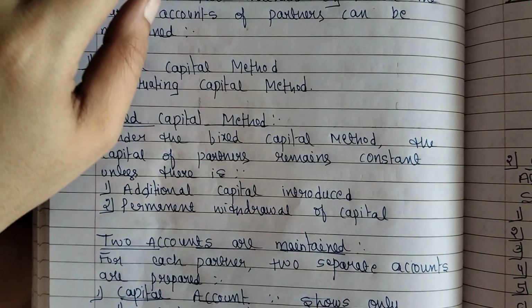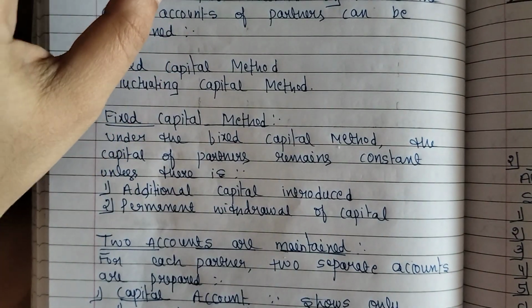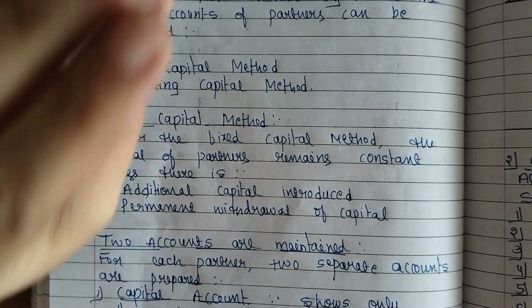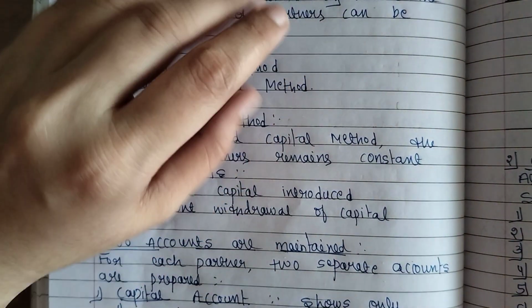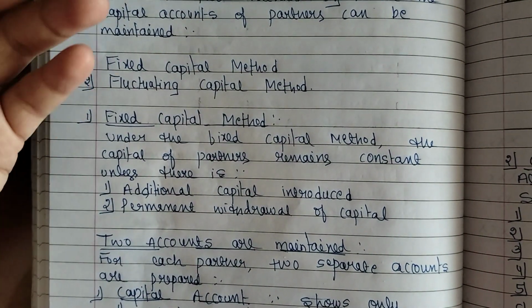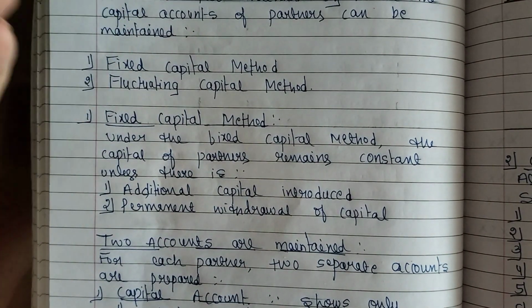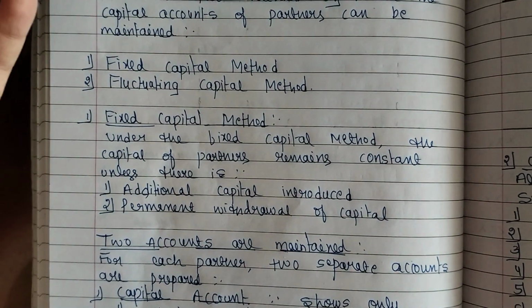And in fixed capital method, two accounts are prepared for each partner, that is the capital account, which shows only opening capital, additional capital and permanent withdrawal of capital, and the second one is the current account, which shows the adjustments. They are drawings, interest on capital, salary, commission, share of profit or loss, clear.